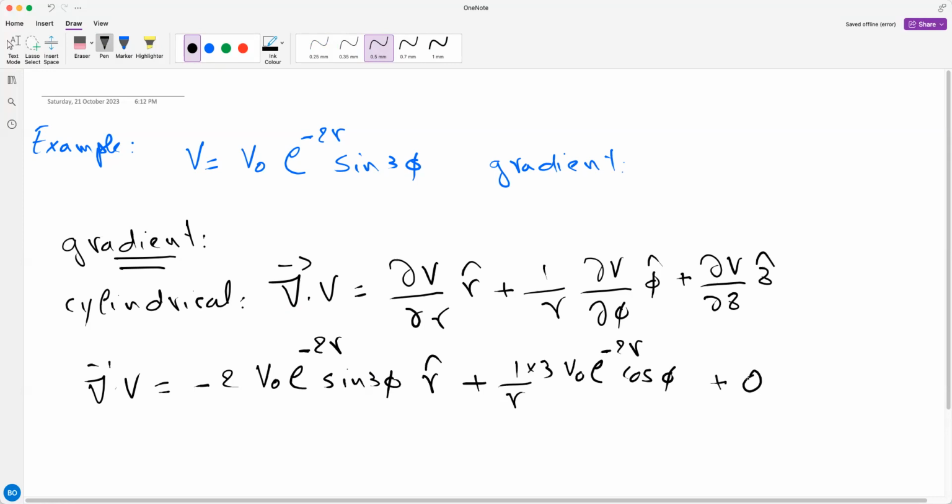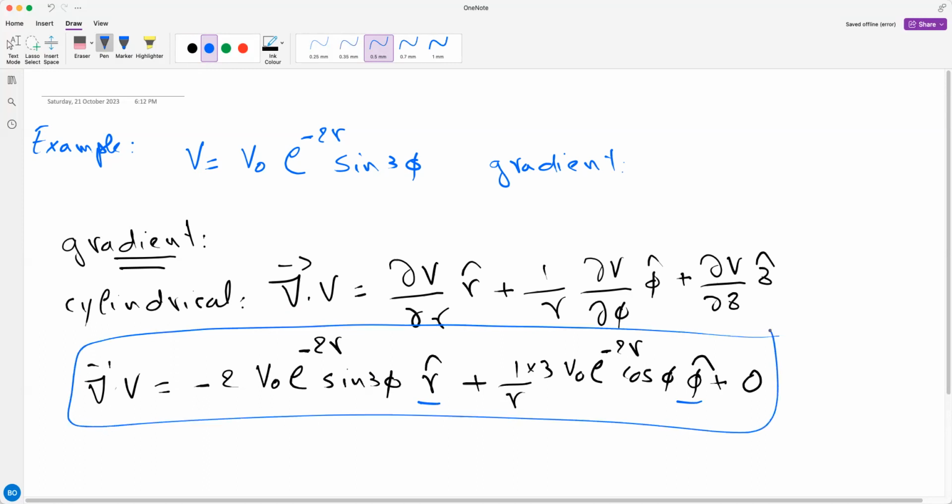And there is no dependence on the z-axis. So you have a dependence on r, a dependence on phi, and this is the gradient of this scalar, which is a vector.